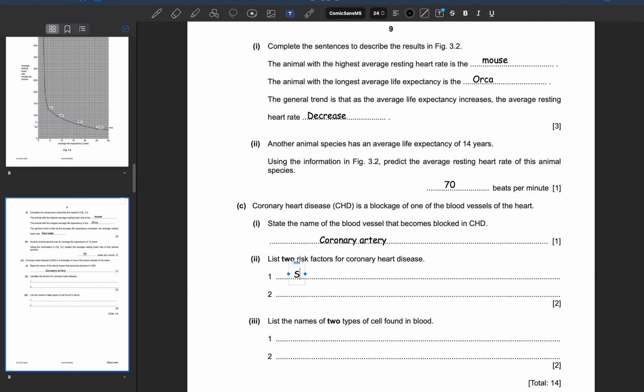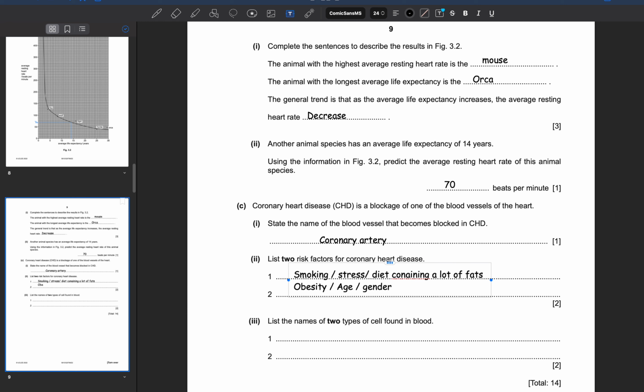So I have many of them, like smoking, also stress, and also a diet containing a lot of fats, and we can also say obesity, age, and also gender or sex can be a risk factor.